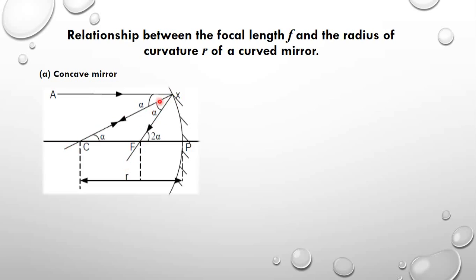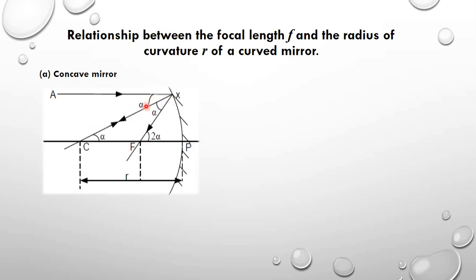So this ray through C, or this line through C, is going to be meeting this surface normally, because every line that meets the surface of the mirror here, of this curved mirror, will always meet it at 90 degrees or normally. So it means that this is going to be a normal.